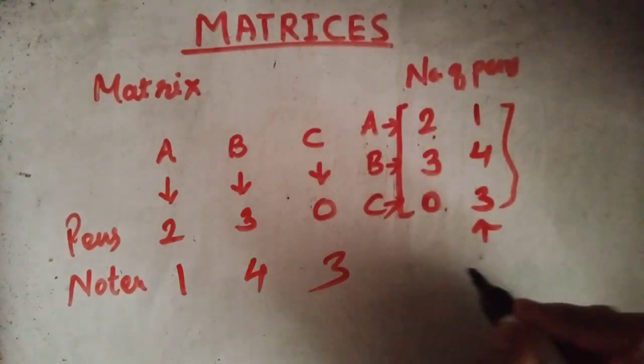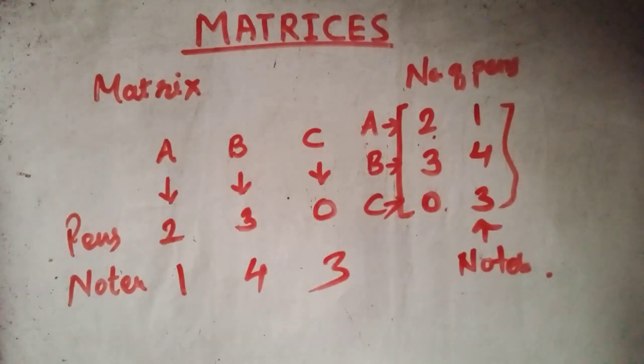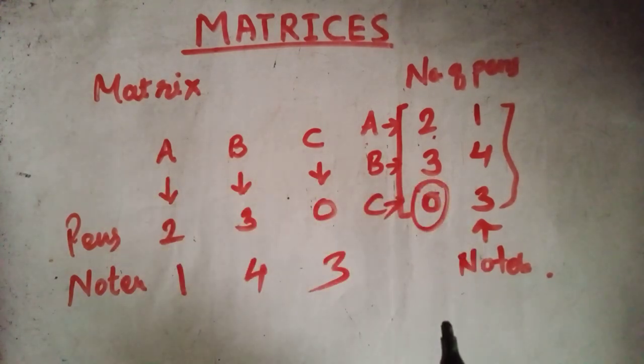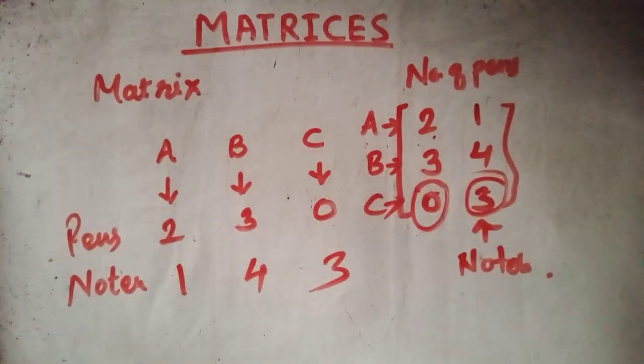So a matrix is nothing but an ordered rectangular array of numbers or functions, and these numbers or functions are called entries. So matrix is nothing but the representation of the information which is given to you.